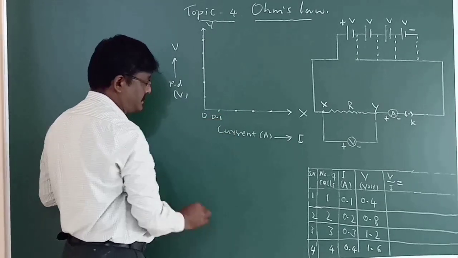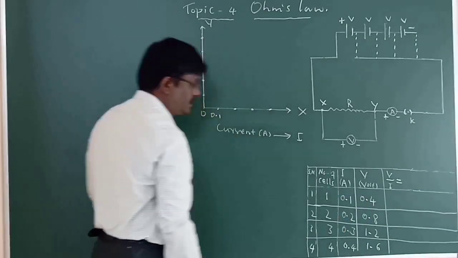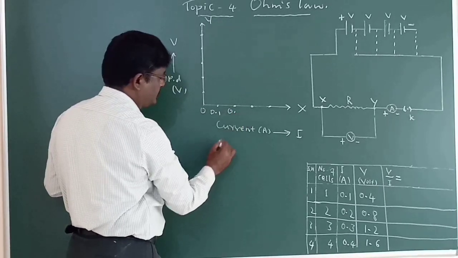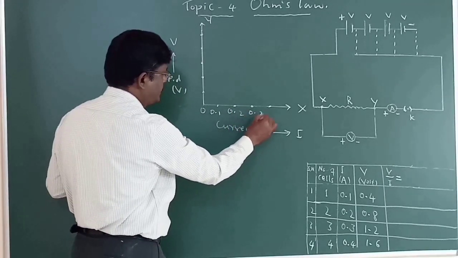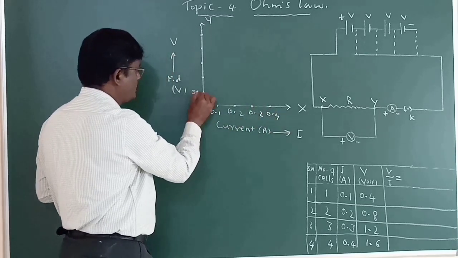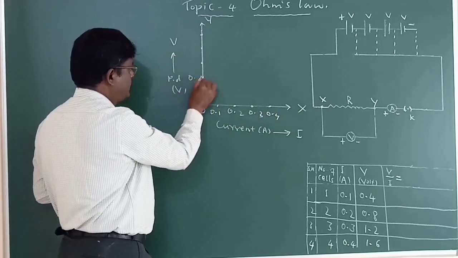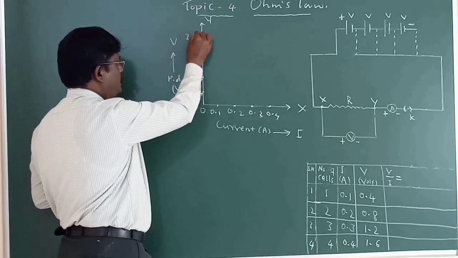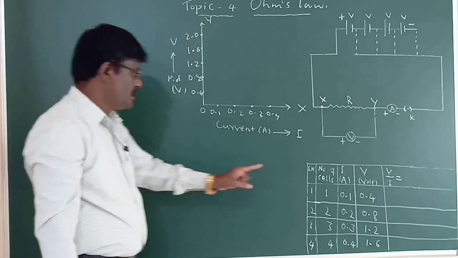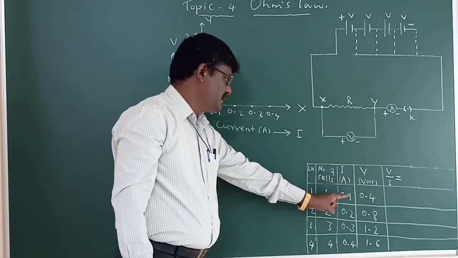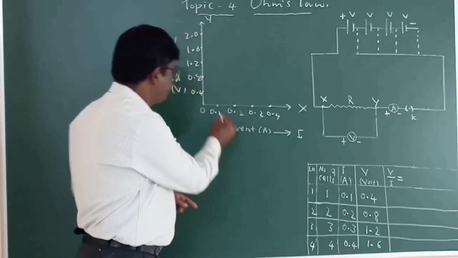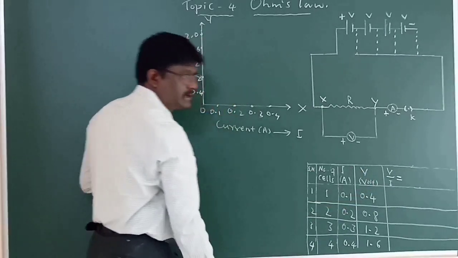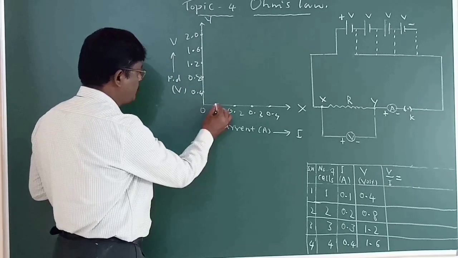Let us mark readings like this: 0.1, 0.2, 0.3, 0.4, and 0.4, 0.8, 1.2, 1.6, 2.0. When the current is 0.1, the potential difference reading is 0.4.